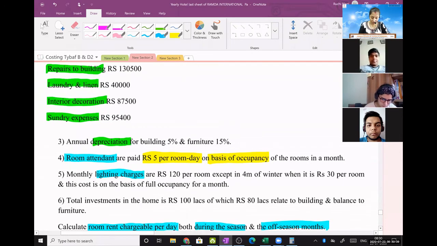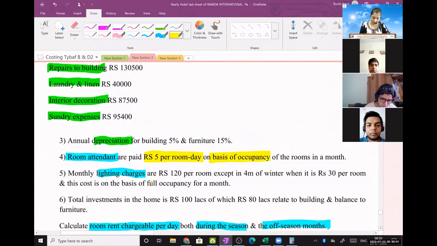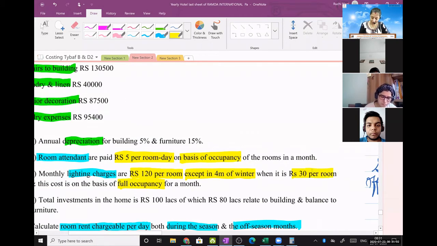And this cost is on the basis of full occupancy for the month. Again, occupancy is the basis, so lighting becomes a variable cost. Don't forget, they are charging 120 rupees throughout, except for 4 months of winter, where they are charging 30 rupees.